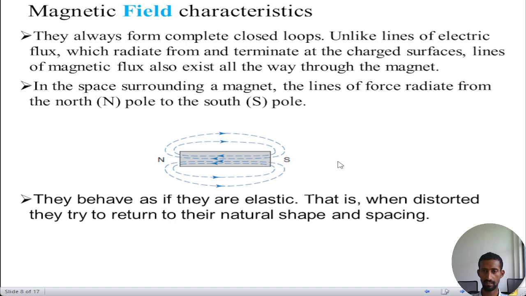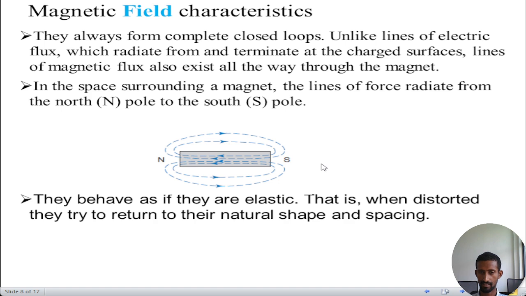Unlike a line of electric flux, which radiates from and terminates at charged surfaces, as you remember, electric flux starts from the positive charge and terminates at the negative charge. But in magnetic flux, the lines always complete a closed loop.